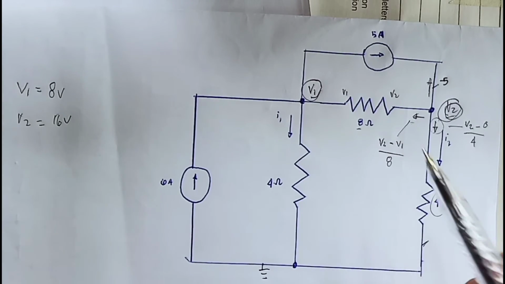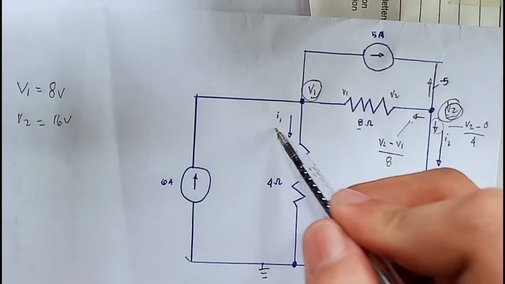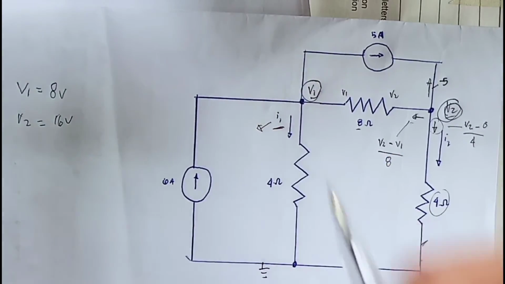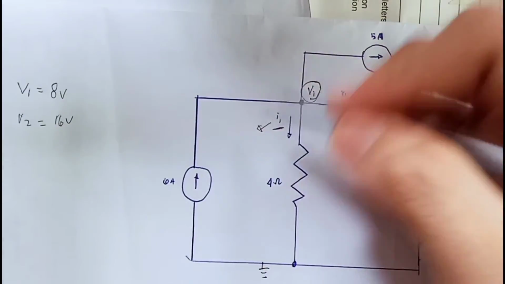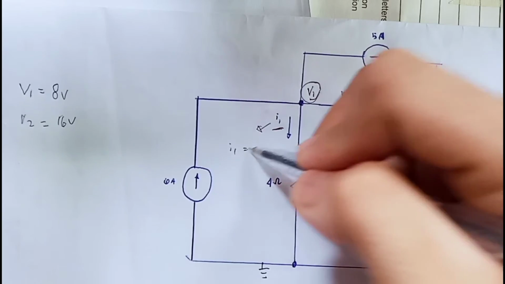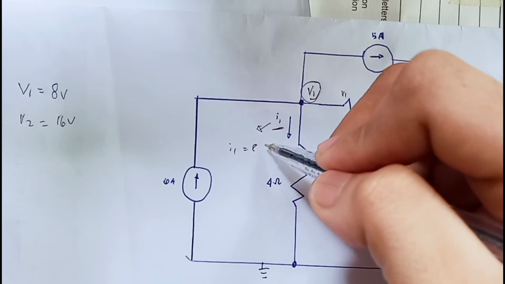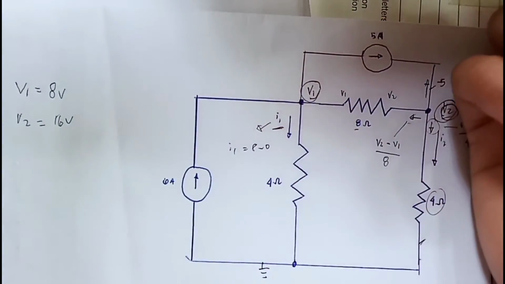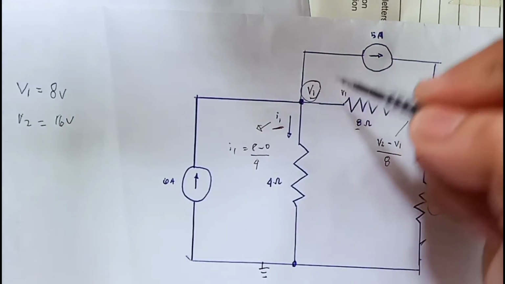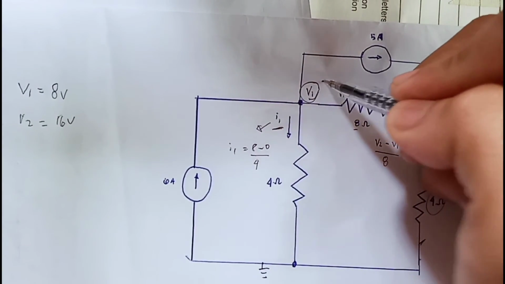Now to find the desired current I1: I1 equals the 8 volts from V1 minus 0, over 4, the resistor.